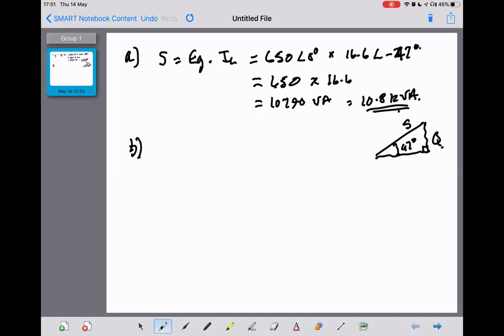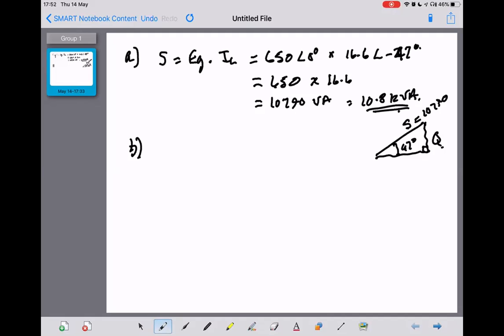So you now know S, that's 10,790. And we haven't got Q, have we? You haven't got Q, not yet, no.